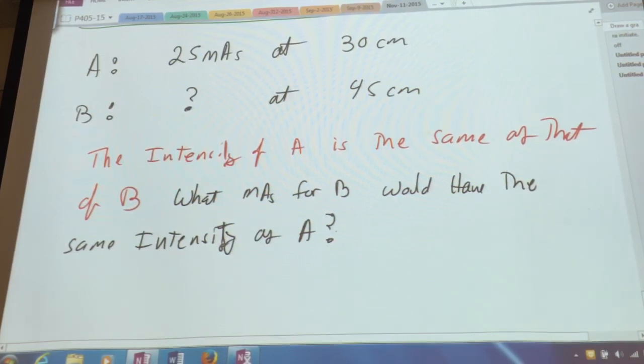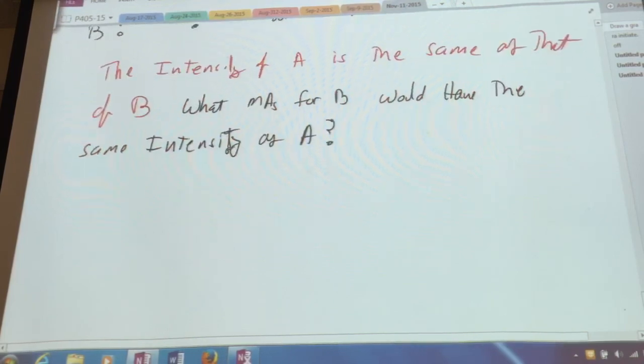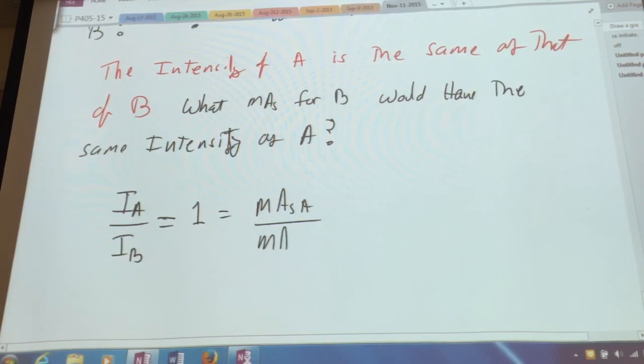There's a couple of ways to think about this, but the easiest one is to do exactly what you've been doing before. IA over IB, but we want this to be 1 this time because they're going to be the same. This is going to be MAS A divided by MAS B times DB squared over DA squared.